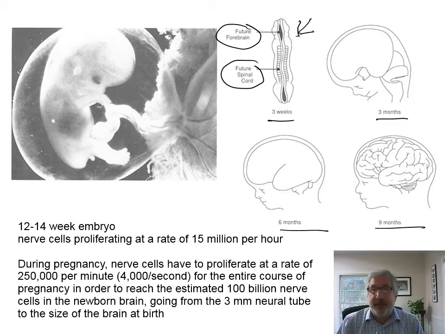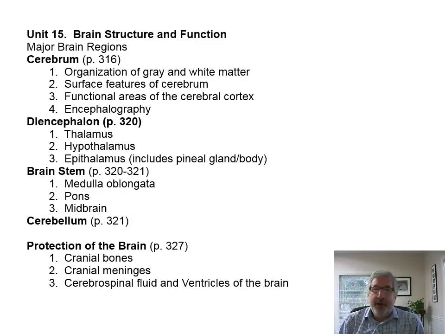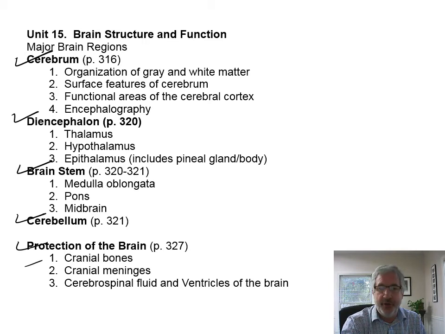So next slide. Okay, so we're going to talk about the brain structure and the function of the brain, and the major brain regions, and how the brain is protected. So we're going to talk about the cerebrum, the diencephalon, the brainstem, the cerebellum, and then we'll talk about protection of the brain. So the bones, meninges, and cerebrospinal fluid, and also ventricles of the brain.